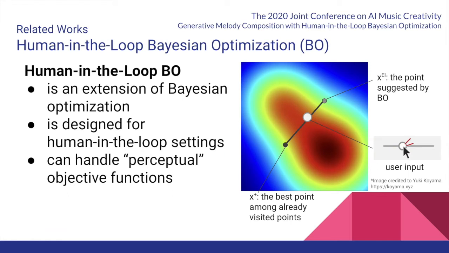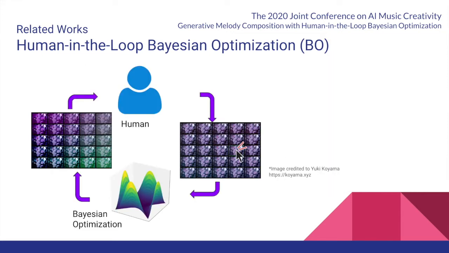So there is an extended Bayesian optimization for human-in-the-loop settings. This enables handling perceptual objective functions that require human assessment. Here's another image of the process. Bayesian optimization iteratively suggests candidates to the user based on their preference.